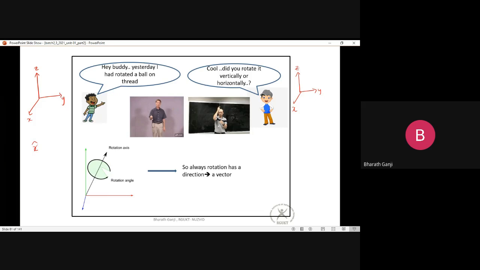If you say you have done your rotation in x direction, what does that mean? In which plane you are actually rotating? ఏ plane లో rotate చేస్తున్నట్టు? Can anyone provide the answer?